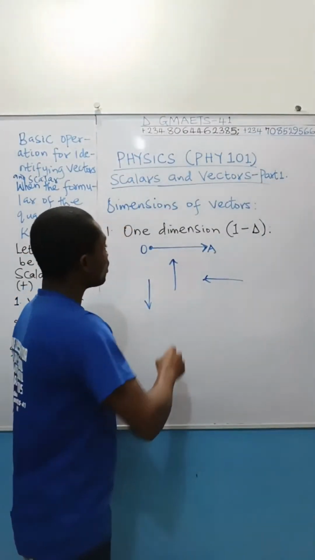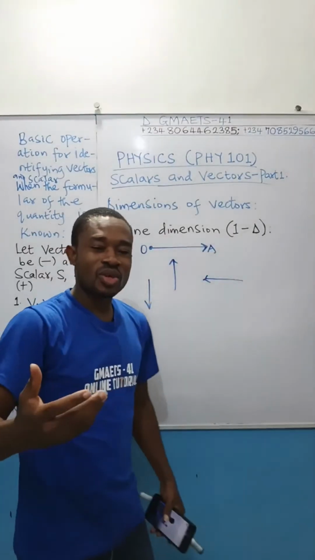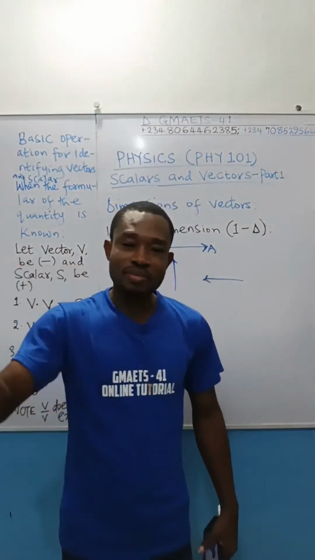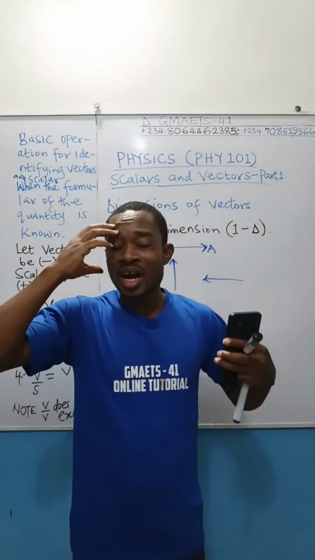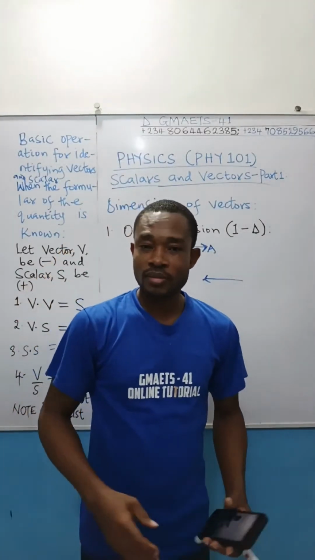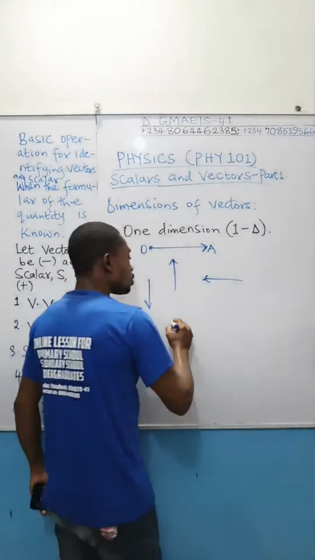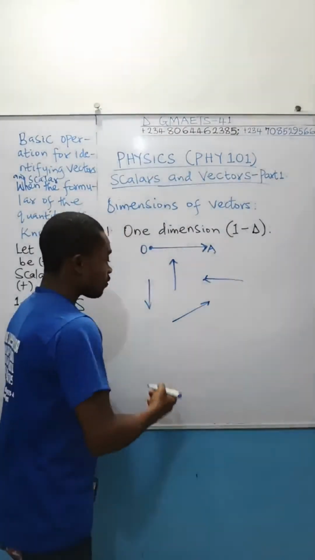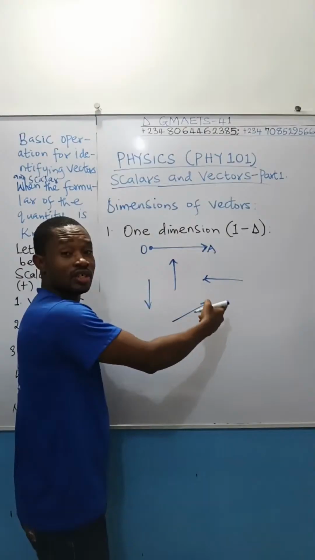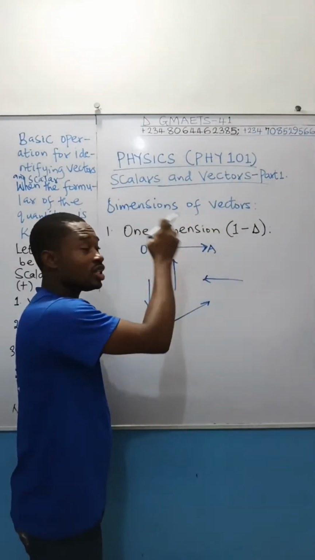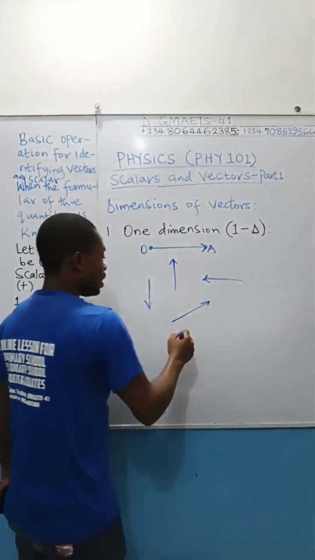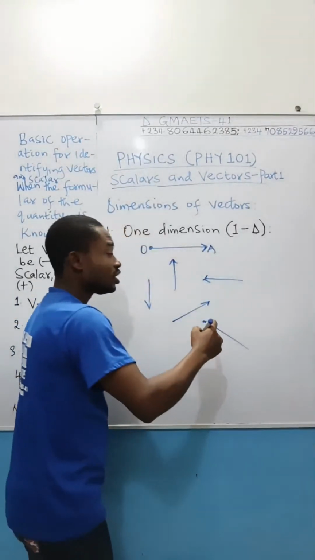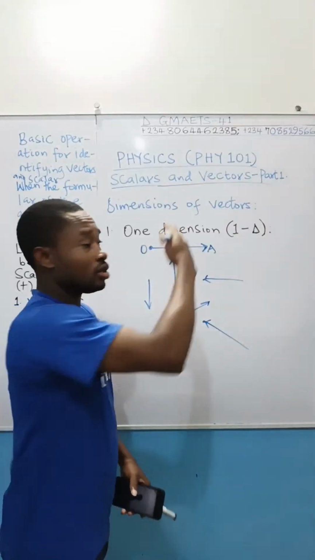Whenever you talk about a one-dimensional vector, a 1D vector is simply a vector represented by a line. The line can be taken from our cardinal points. Then of course, the vector could also be inclined this way, which is northeast. The line could go this way, which gives you northwest.